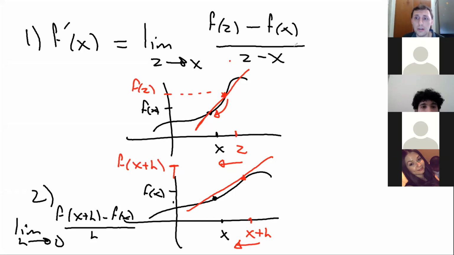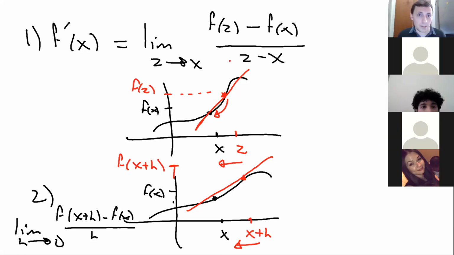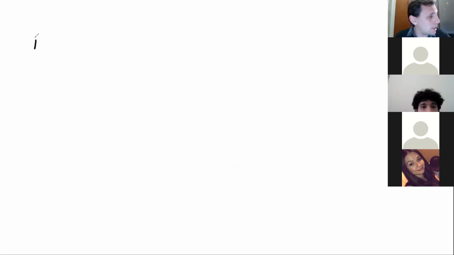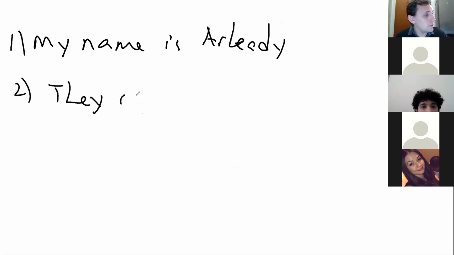There is no question. Francis, you are seeing a question where there is no question. You see, what we're talking about is this: my name is Arkady, and that's one sentence, and the second is they call me Arkady.